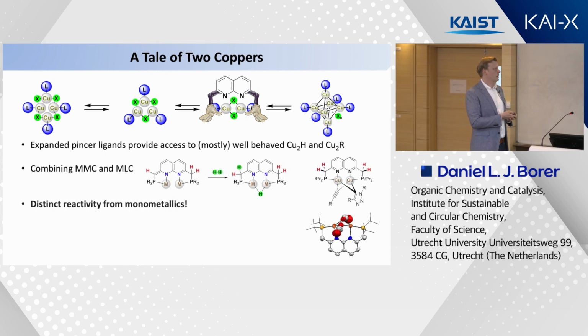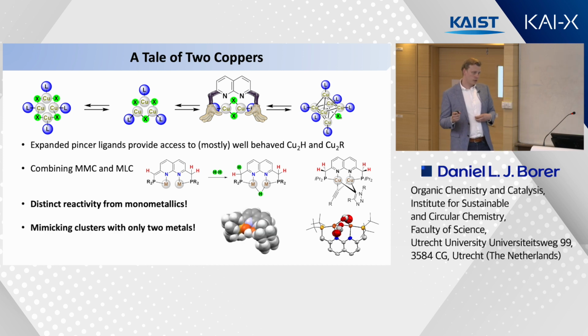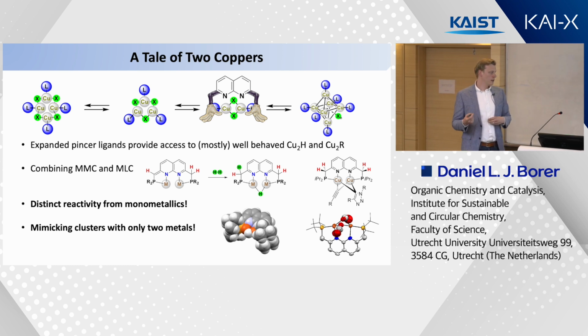And I showed you we can do this using a combination of metal-metal and metal-ligand cooperativity, in the cooperative hydrogen activation, the click reaction I just showed, and also in the formic acid dehydrogenation reactions, wherein they display distinct reactivity from monometallic systems.